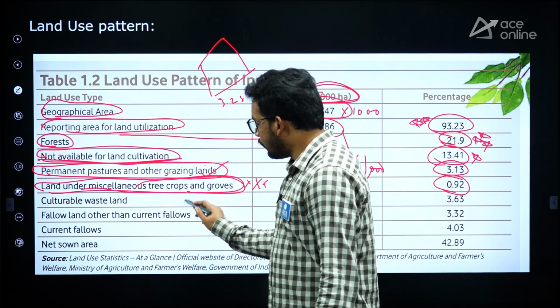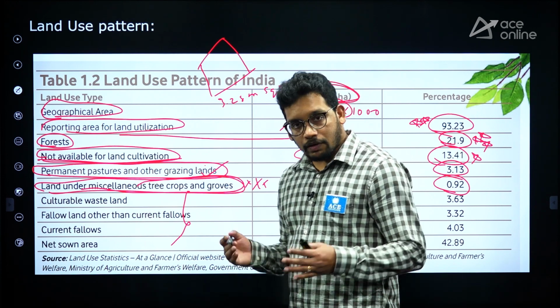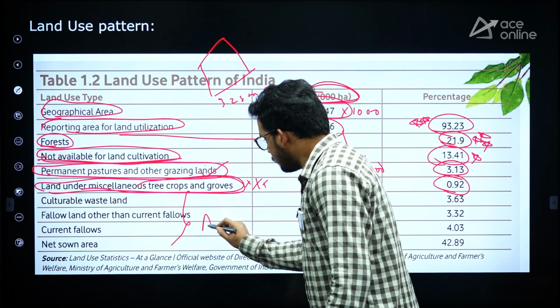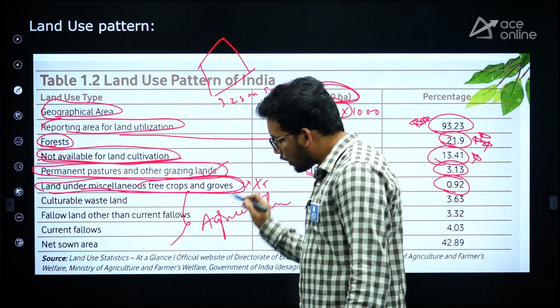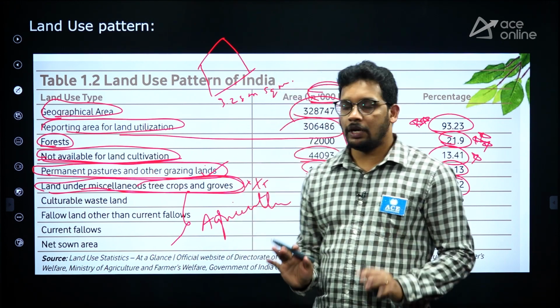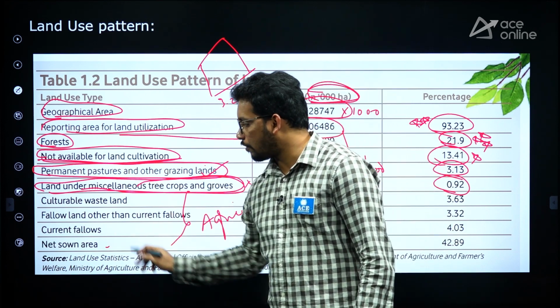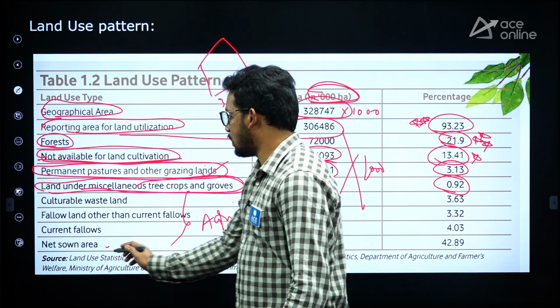And finally, we have the different agriculture classification land. This is the total land which is under agriculture, or may be used for agriculture. It can be used, and also it can be part of current agriculture. So here we have a definition. Understand this.